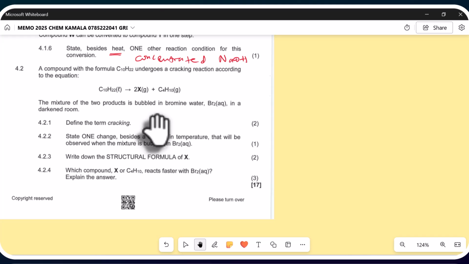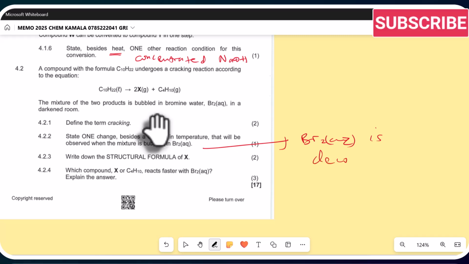That's carbon number 1, then 2, and 3. Here we put our double bond, and then each carbon atom must have 4 bonds. So we add the hydrogens on each carbon. This is our structural formula for compound X.